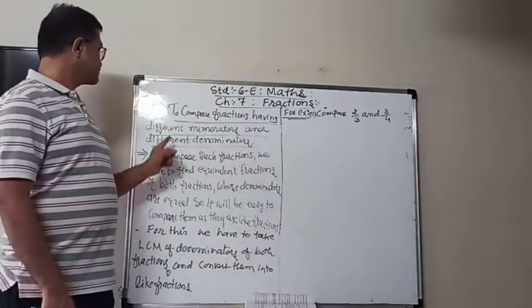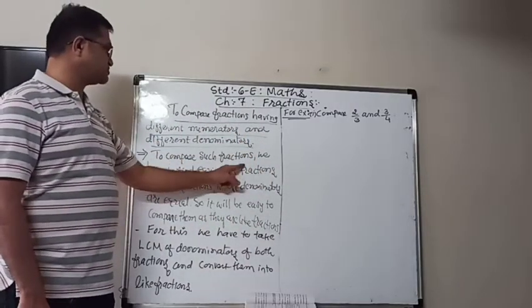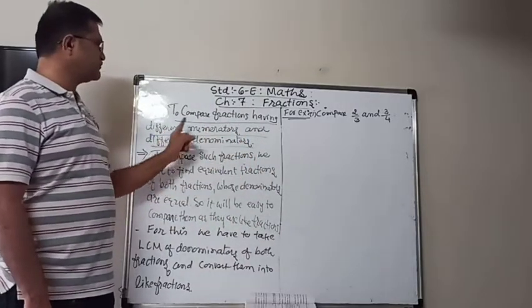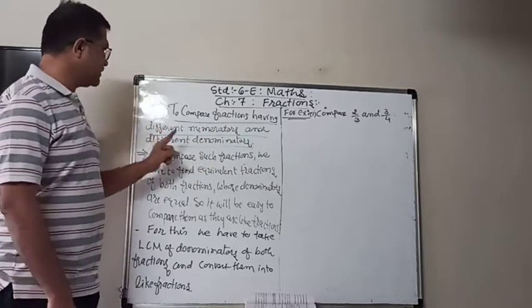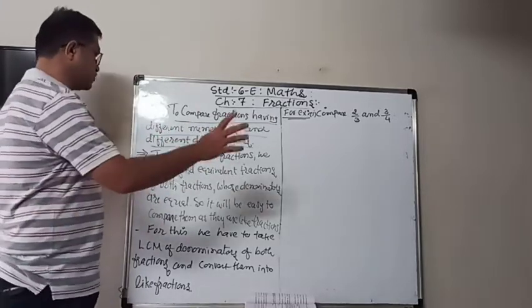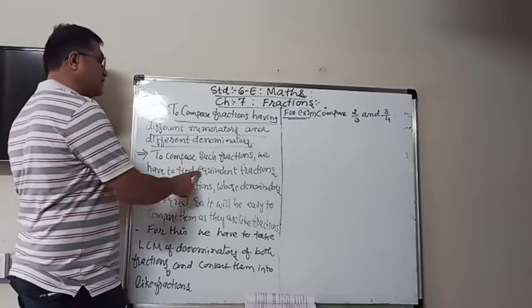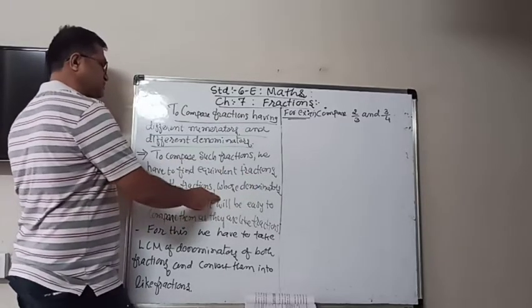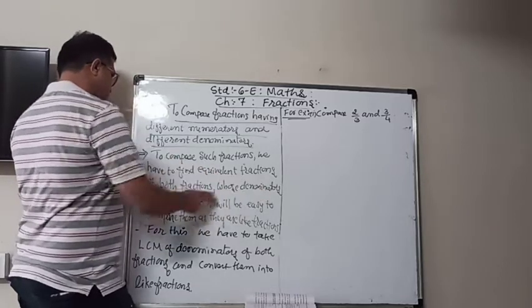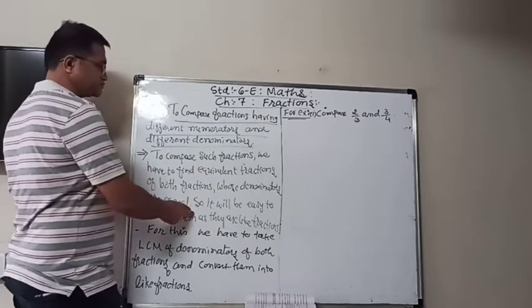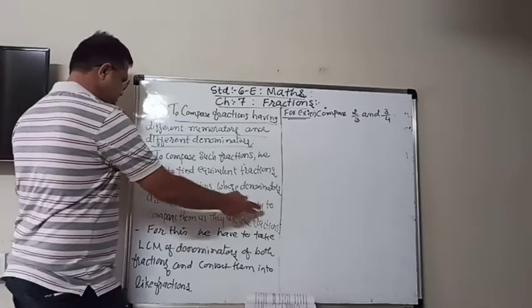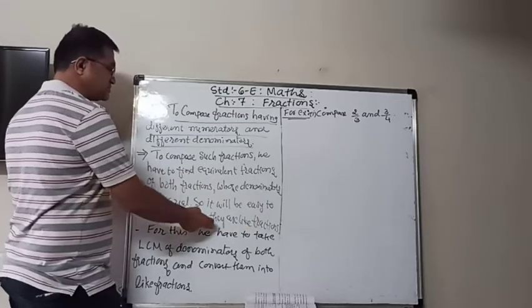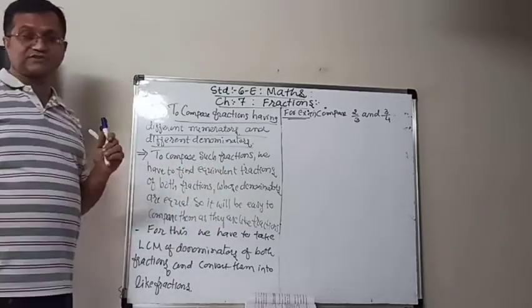So to compare such fractions, we have to find equivalent fractions of both whose denominators are equal, so it will be easy to compare them as they are like fractions.